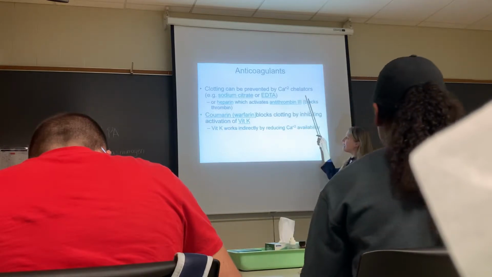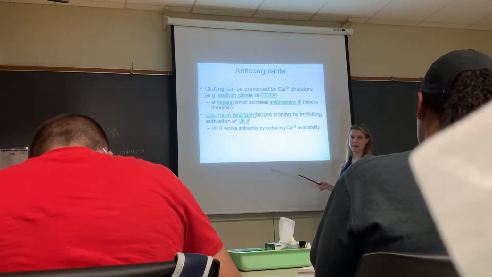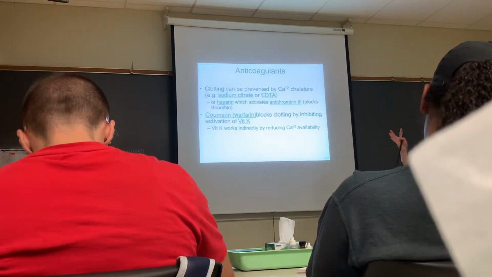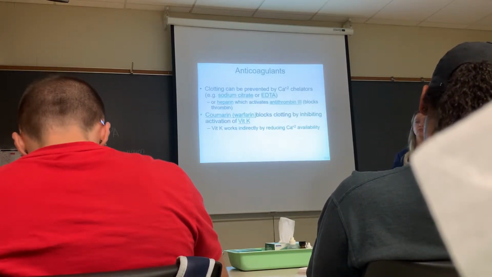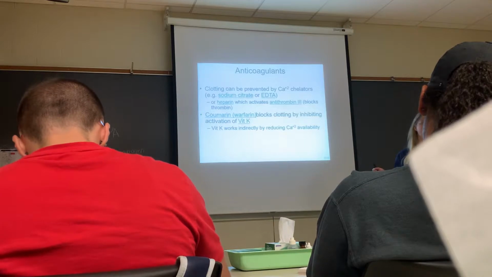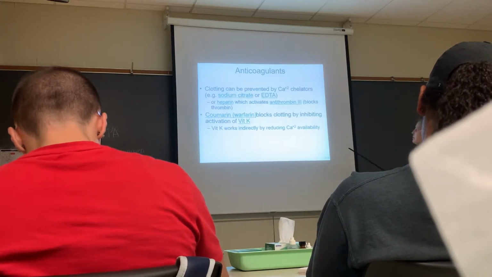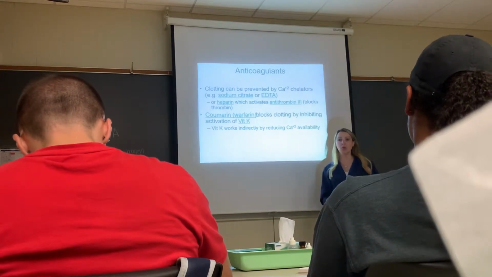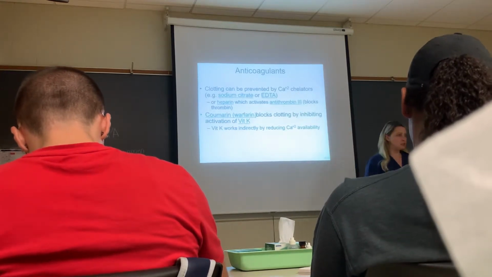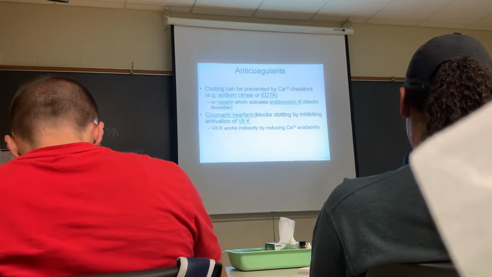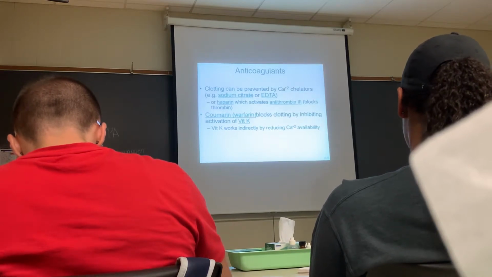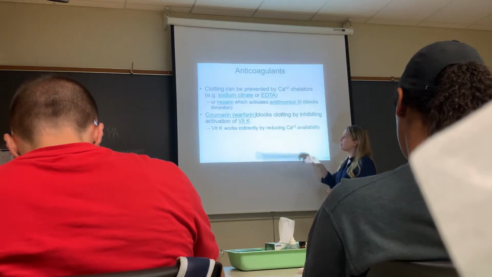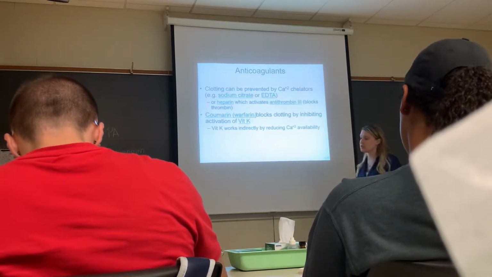So anticoagulants work in different ways, but essentially each one disrupts some portion of the clotting cascade. That's its job. So clotting can be prevented by calcium chelators. A chelator is something which acts like a sponge, and it accumulates, in this case, all the calcium. So sodium citrate or EDTA are examples of anticoagulants that work this way.